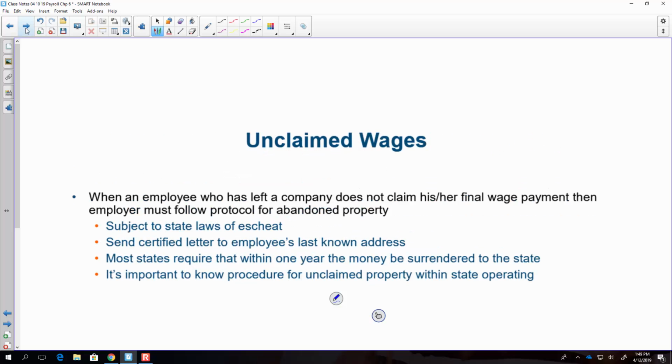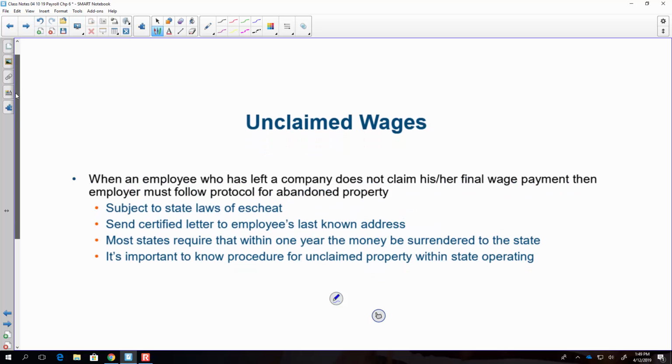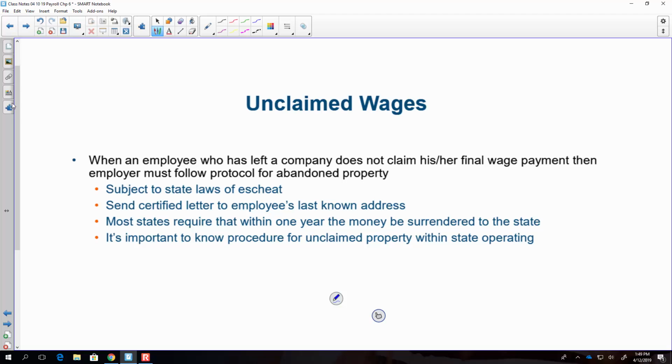So I'm just going to kind of go through this. There is a small discussion on unclaimed paychecks. This may happen when somebody doesn't take the check, they've quit and they've left. You are required to keep it, and it says here that at some point, and again it depends on the state, you may have to surrender it to the state.